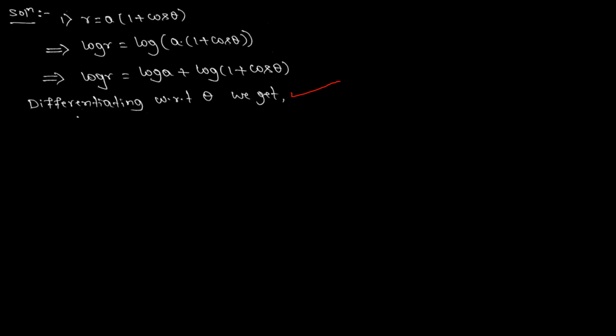We get differentiation of log r is 1 by r into dr by d theta, and differentiation of log a will be 0 because log a is completely a constant, plus differentiation of log of 1 plus cos theta.